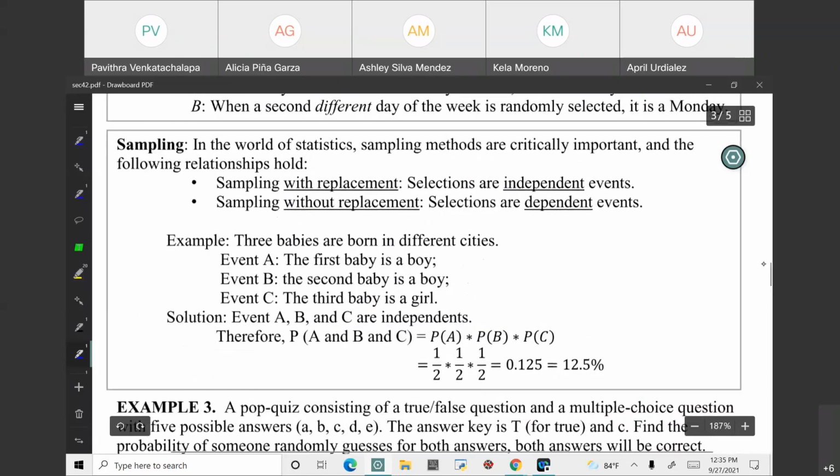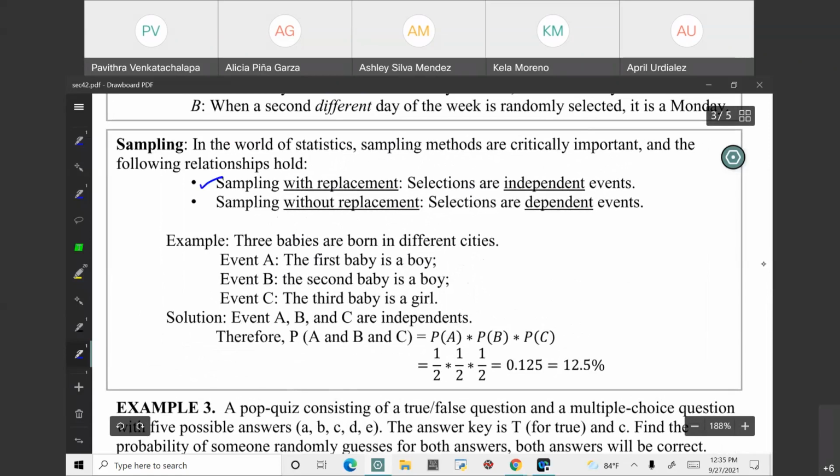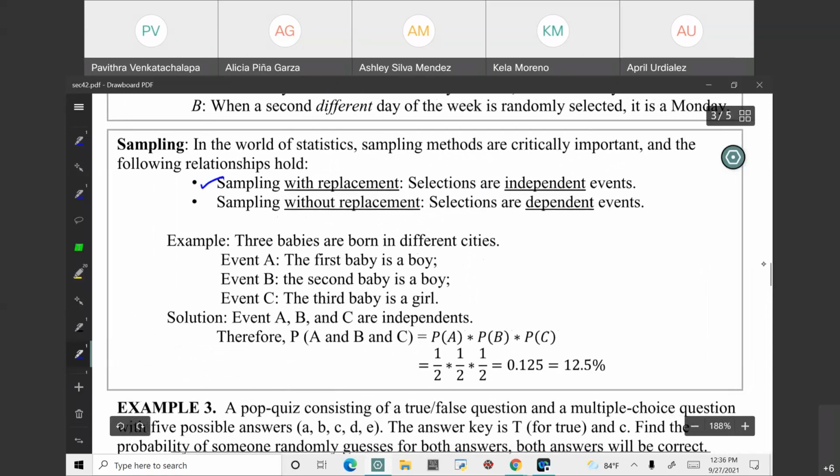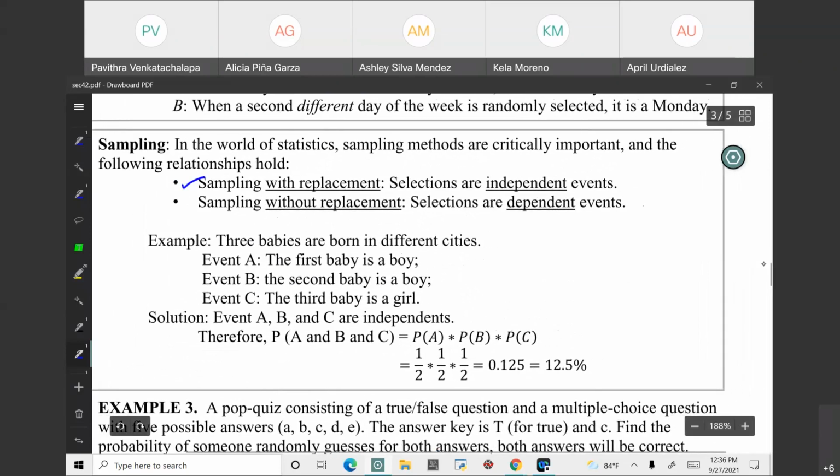Now, if you have a sample and the question says with replacement, that is a keyword saying that those are independent events. If there is a keyword like without replacement, those events are called dependent events. So depending on this, you can choose the formula.